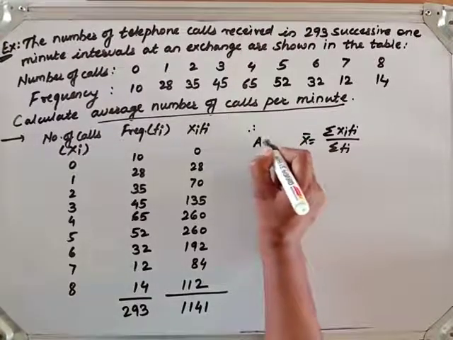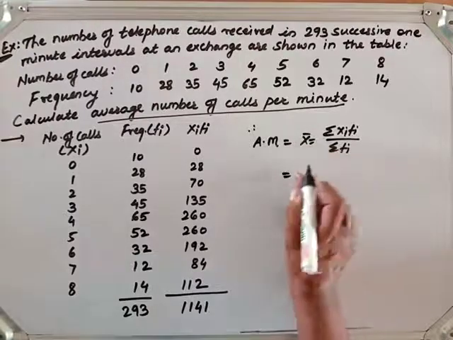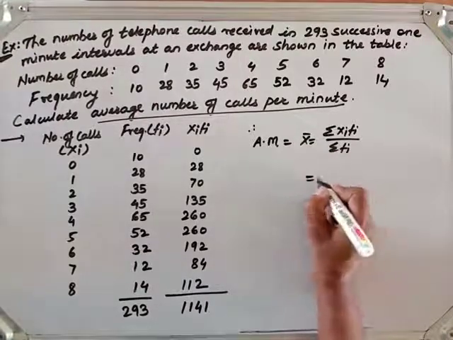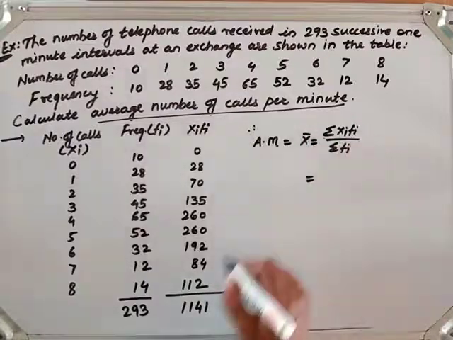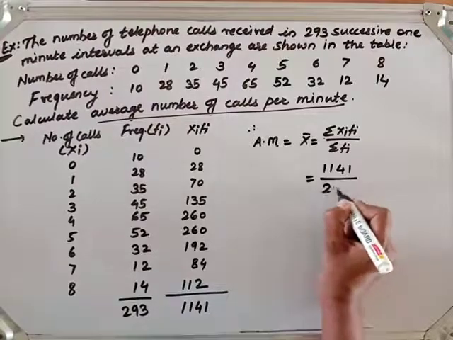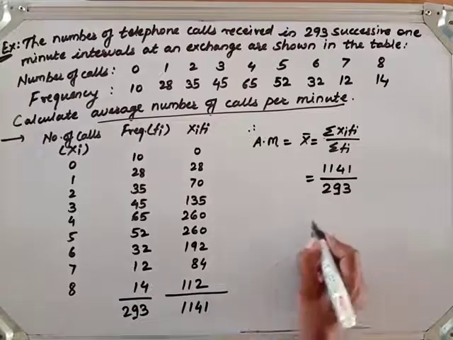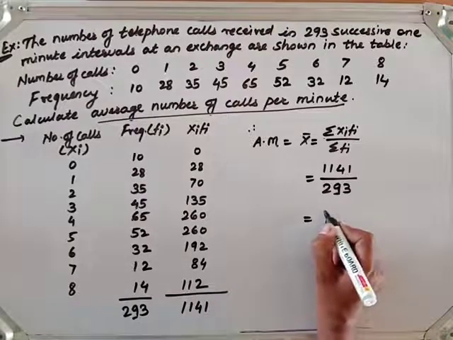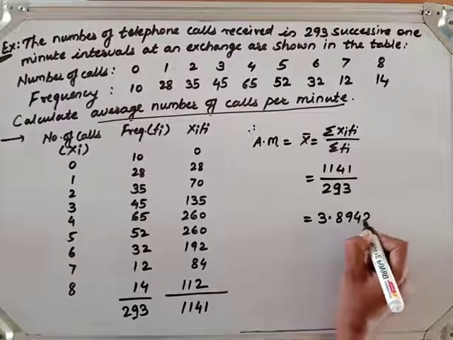Now let us use this formula. The arithmetic mean is equal to 1141 upon 293, which is 3.8942.